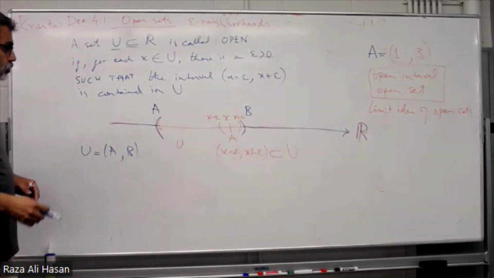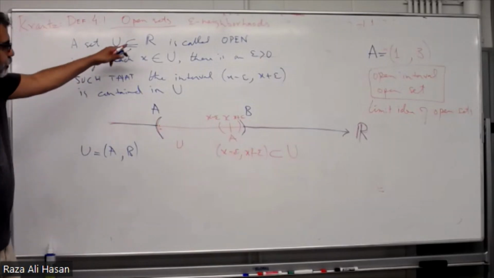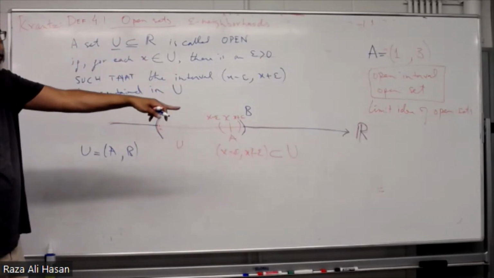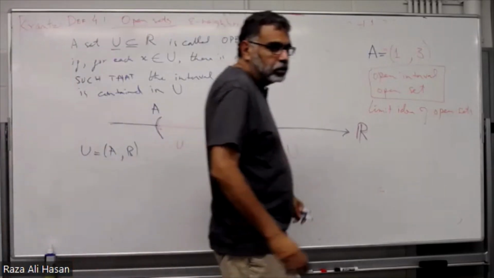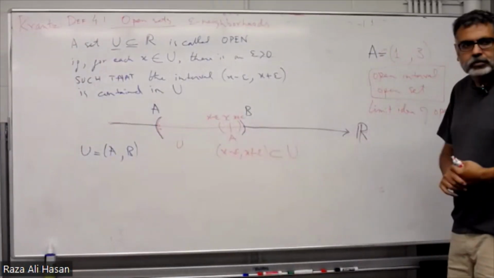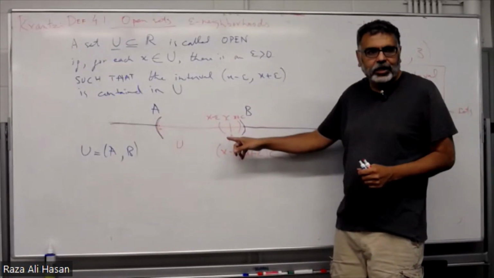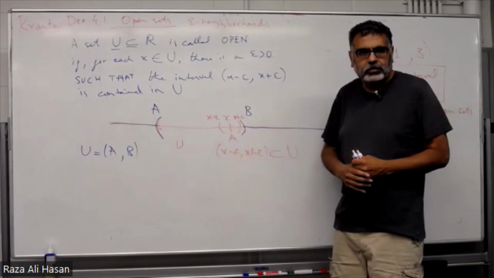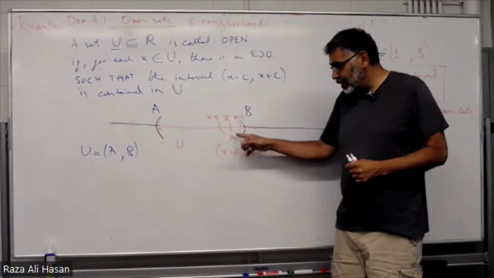But the other case is that it's R, so it could extend on either side. If it's equal to R, R itself is an open set. So this just adds this condition, and that condition is what the open set is.